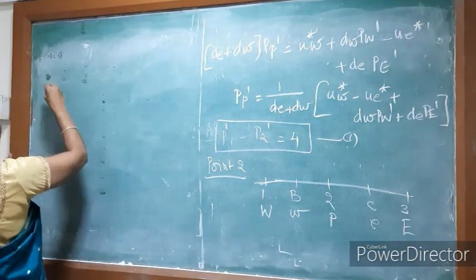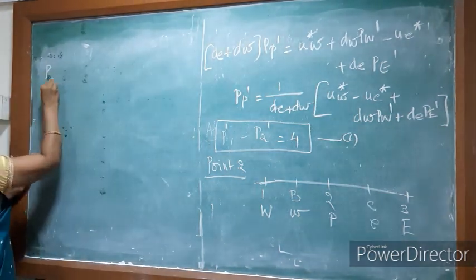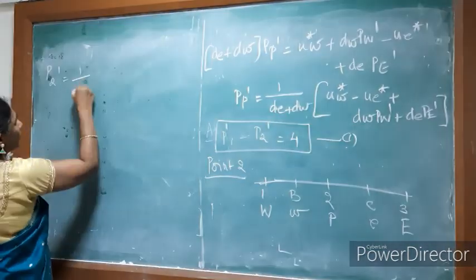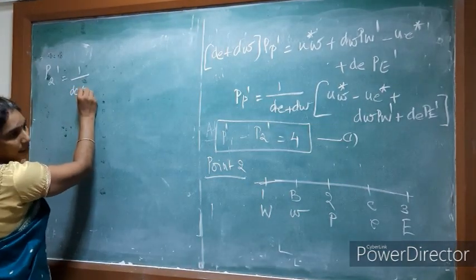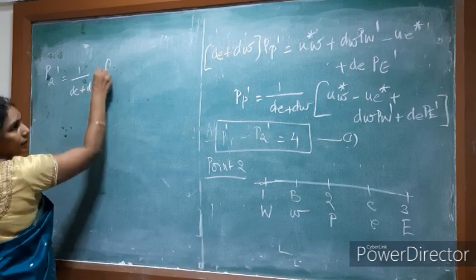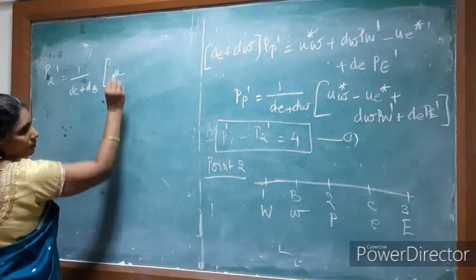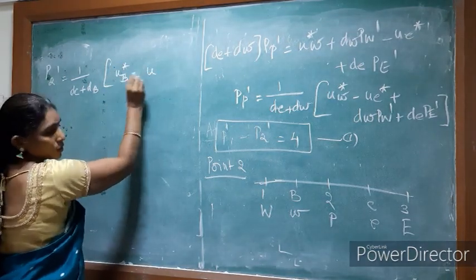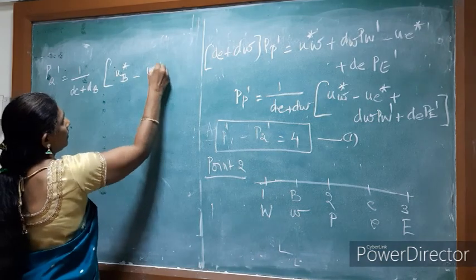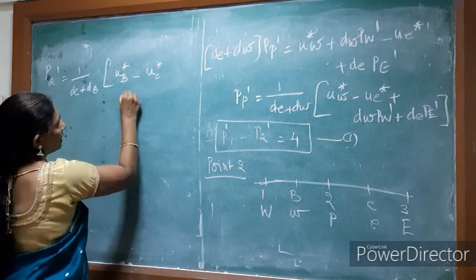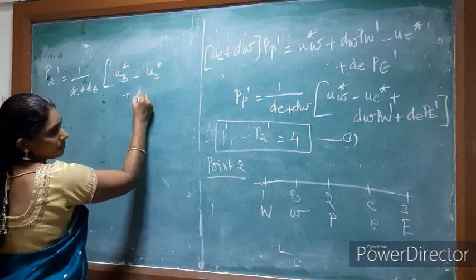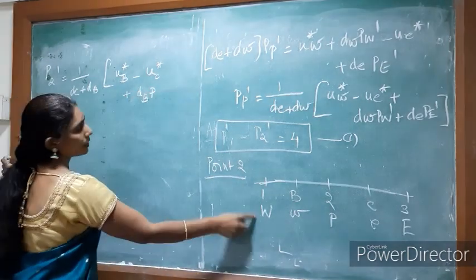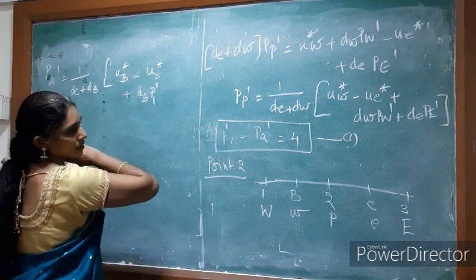Now using the same equation, my P is going to be 2, so this is P2 dash, 1 by DE is C, DW is DB, UW is B, minus UE is C, plus DW, which is B, and PW, it is going to be 1 dash, right?